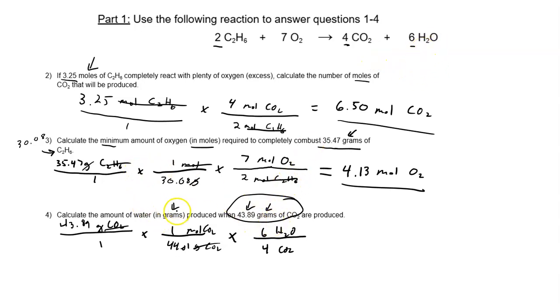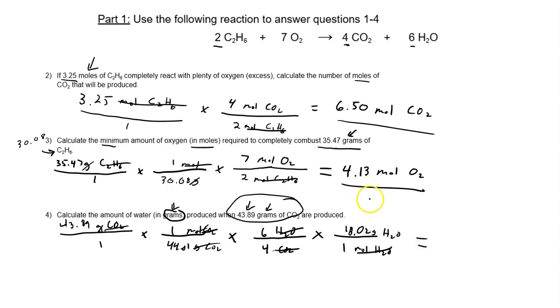All right, but I want my answer in grams. So that would tell me moles of water if I stop there. Next, I am going to convert, well, in 1 mole H2O, there are 18.02 grams H2O. And boom, boom.